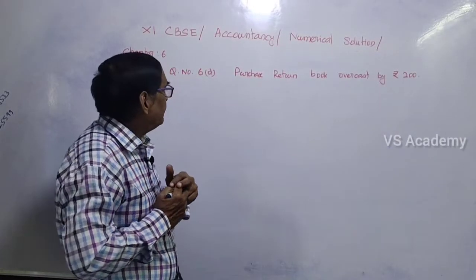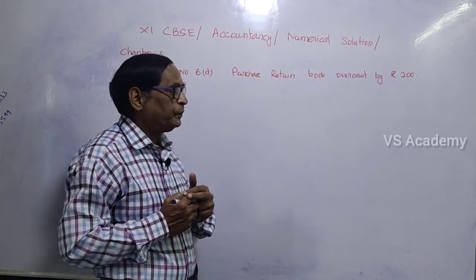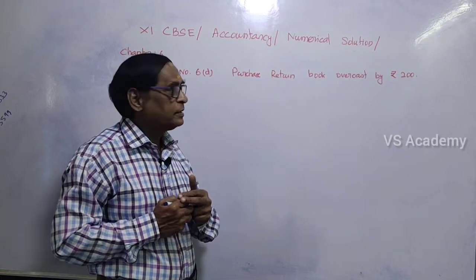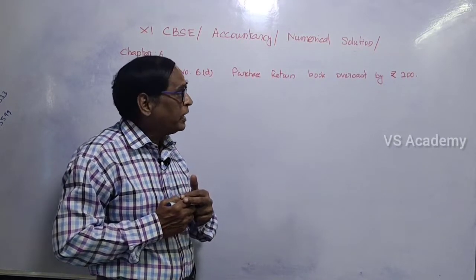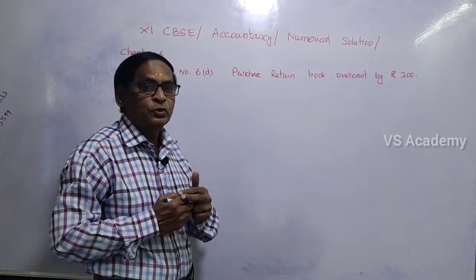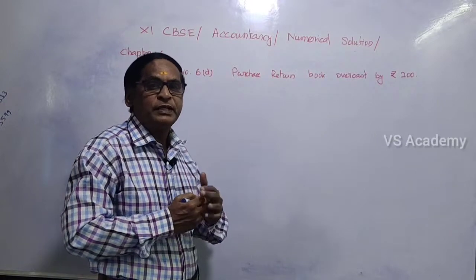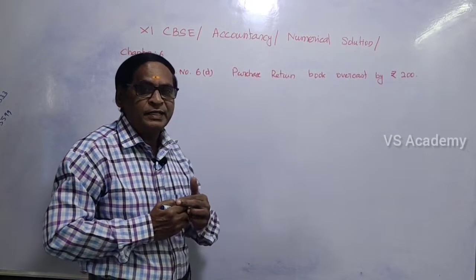The next one is the purchase return book overcast by rupees 200. Purchase return account is normally in credit balance, but we have shown the excess balance of rupees 200 by overcasting. So we have to reduce. We can assume that it is after trial balance by opening suspense account. So the mistake will be adjusted against the suspense account.